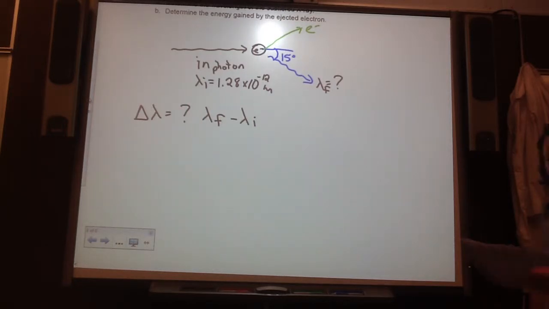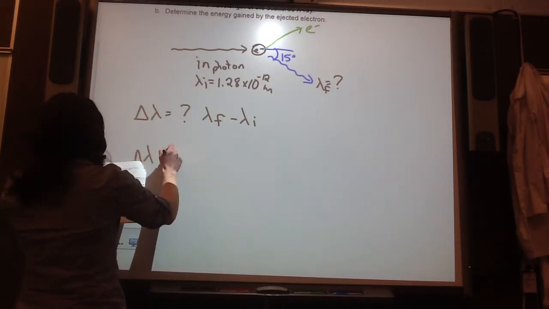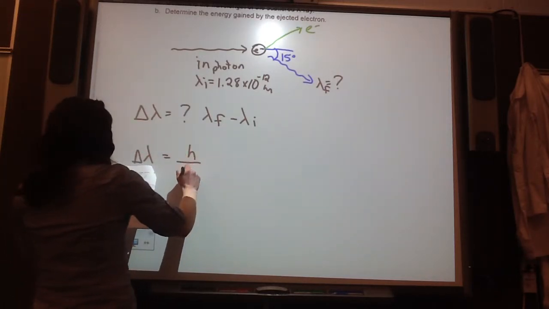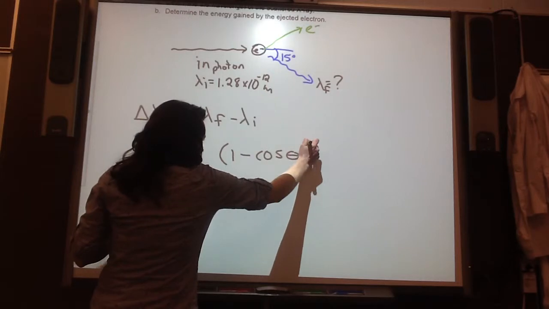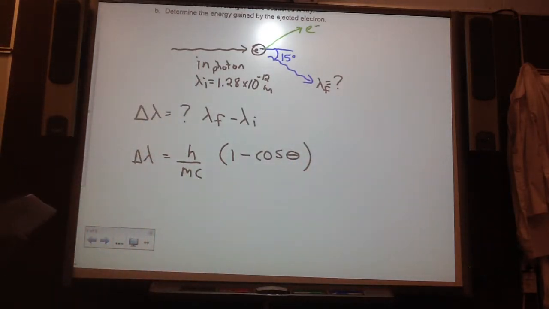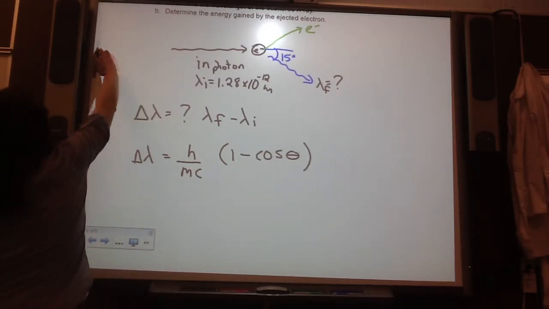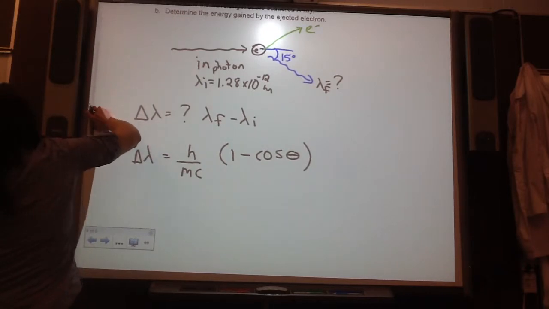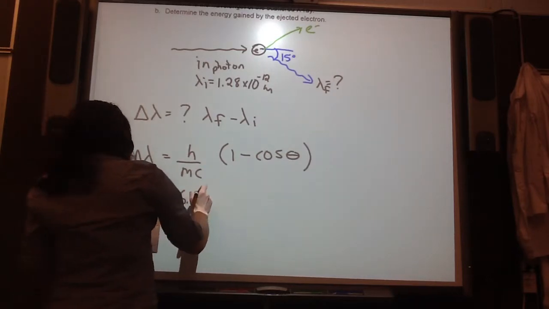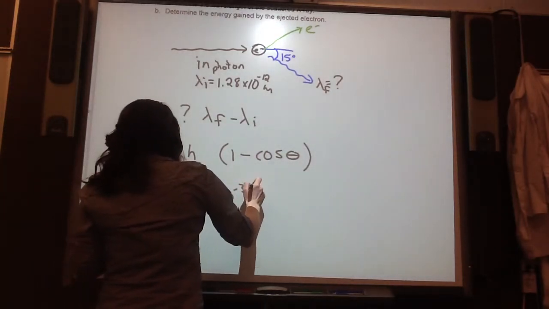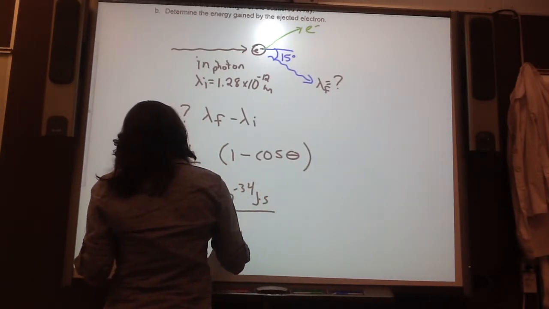The formula that involves delta lambda is delta wavelength equals h over mc times 1 minus cos theta. We don't have to rearrange anything, we can just put our information in. Again, make sure to use Planck's constant that has joules in it. Your m is the mass of your electron.